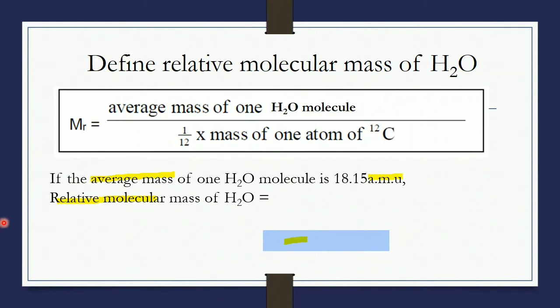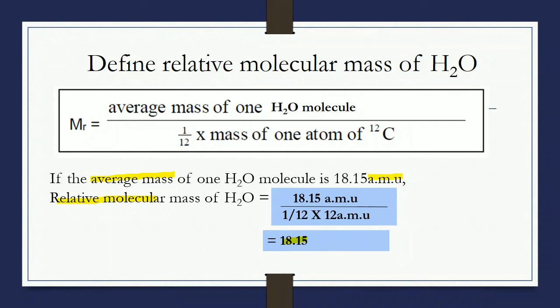So if the average mass of one H2O molecule is 18.15 amu, the relative molecular mass of H2O will be equal to 18.15 amu over 1/12 times 12 amu. So we can cancel off 1/12 and 12, and we can also cancel off amu on the top and bottom. So the relative molecular mass of H2O is equal to 18.15.